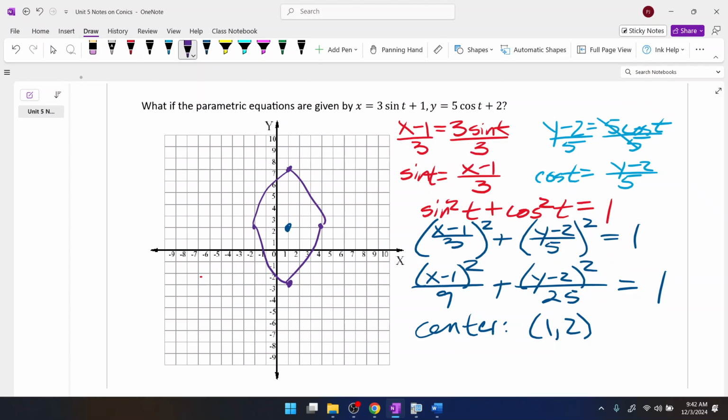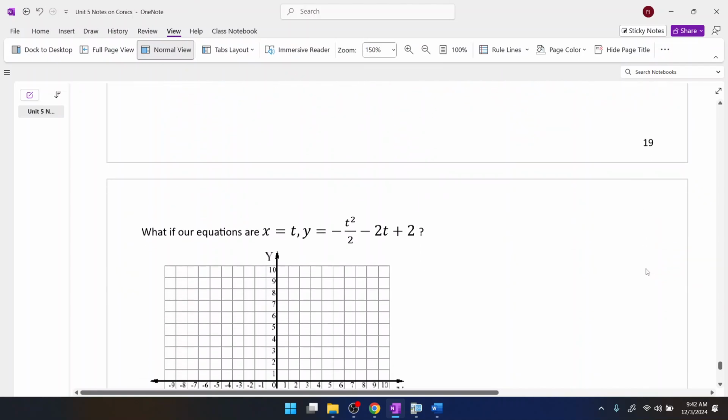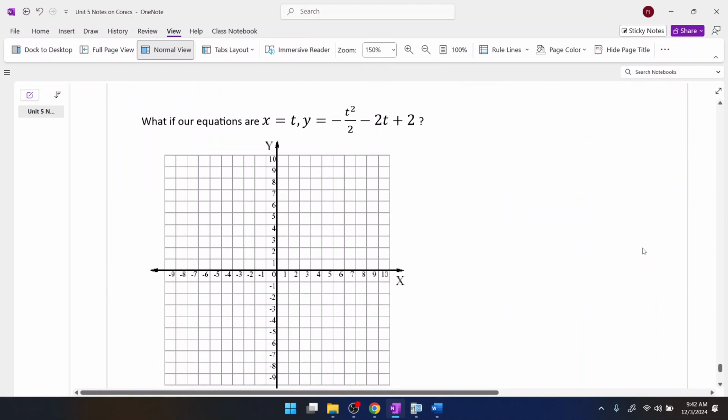Now, believe it or not, we can replace parameters even for non-trig related equations. In other words, something like this. You can convert this to a parabola in conic form.